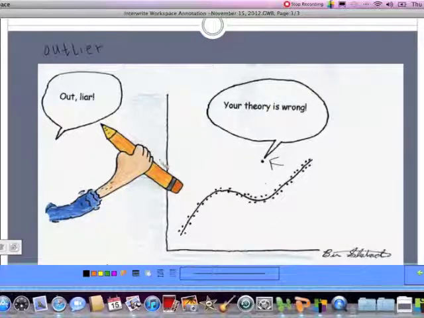This is just a cute little comic, but a real outlier is basically just a value that is much greater than or much less than the rest of the numbers in a data set. So, for example, let's say that I am looking at some quizzes that my students have completed, and these are the grades.